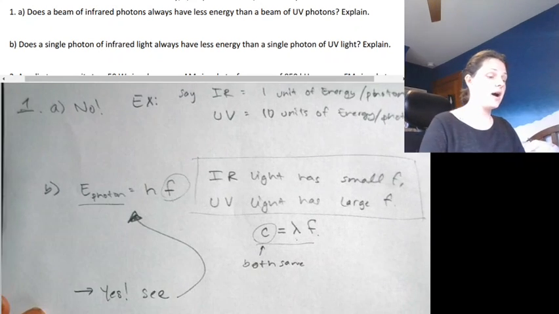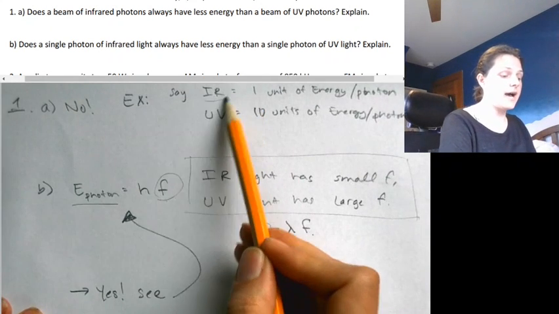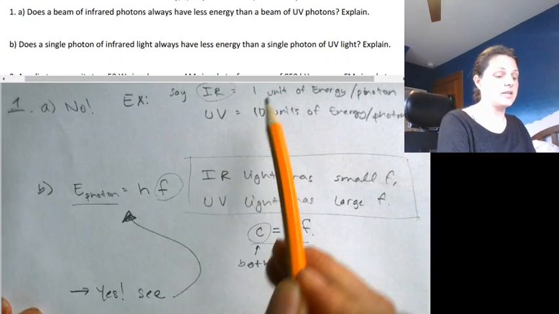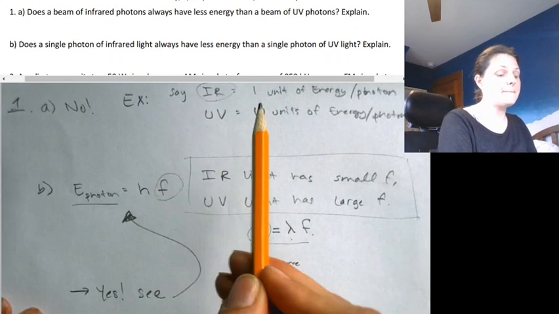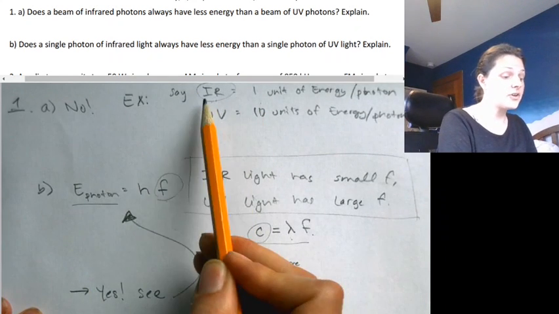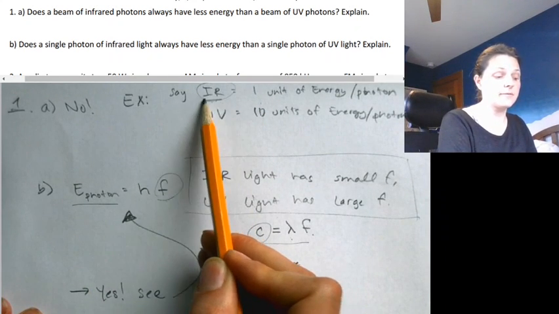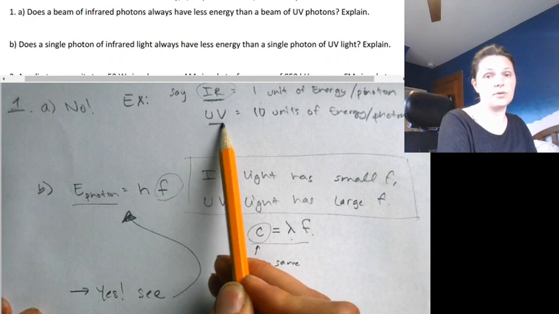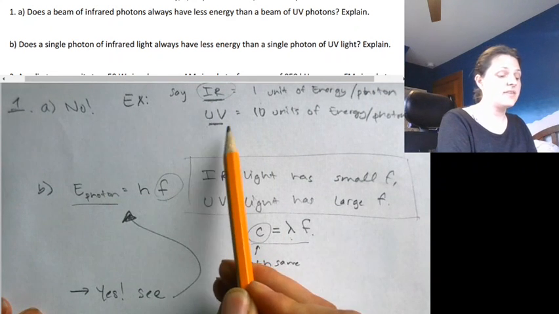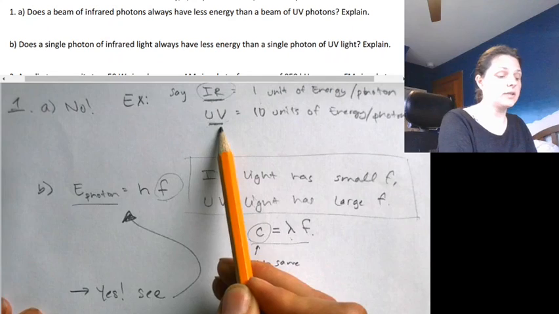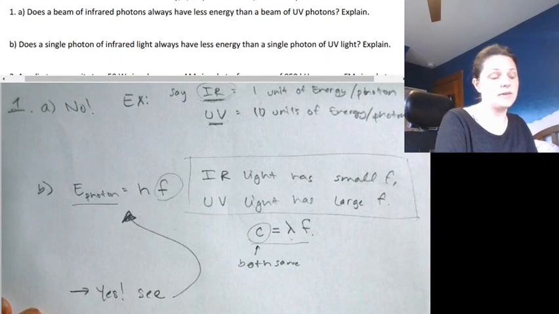So an individual IR photon has less energy than UV. But if I had a beam of light that had 100 photons of infrared light and only 1 photon of UV light, then there would actually be more overall energy in the IR than there is in the UV.